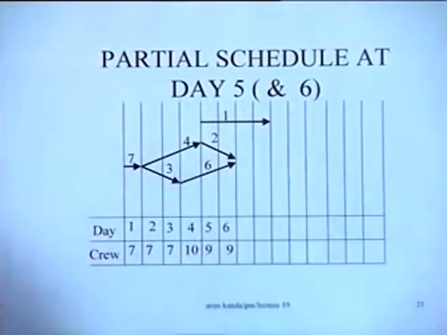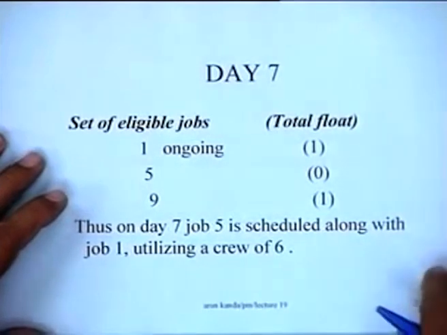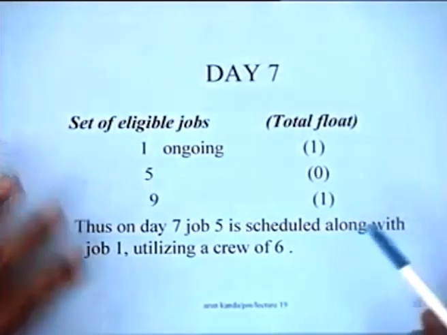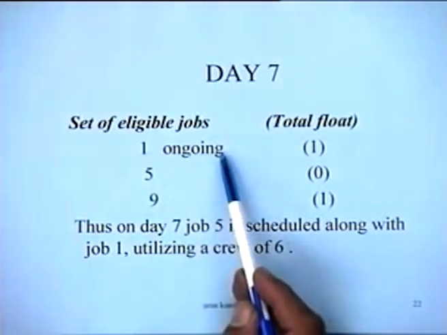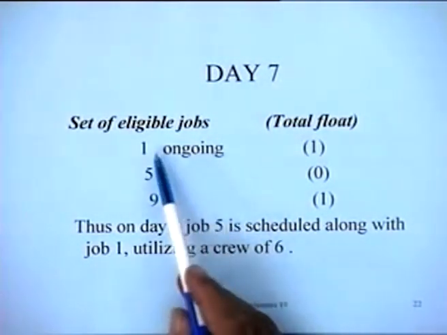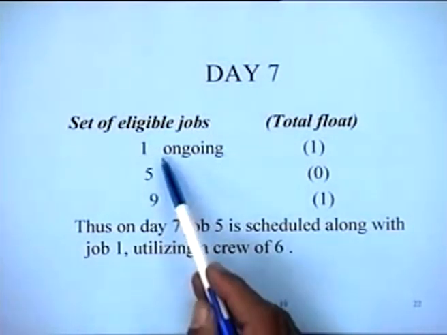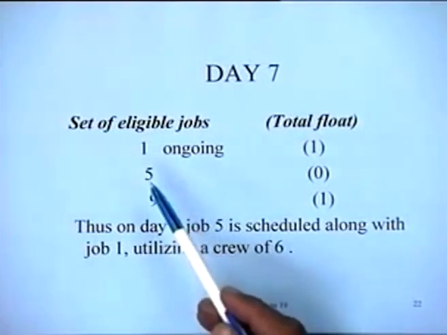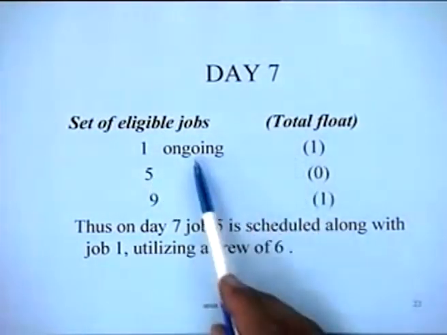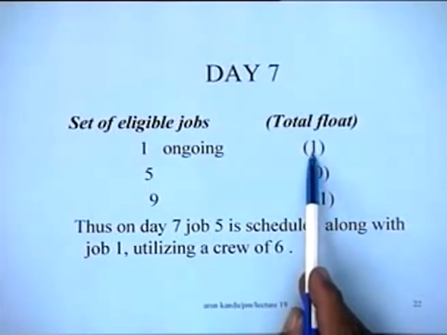So let us update the list on day 7. Look at day 7. 1 is ongoing. It's good to write down ongoing here, because that tells you that these resources are already committed and you have only 9 more resources to accommodate the other jobs. So in this particular case, job 1 will have a total float of 1. Why does it have a float of 1?